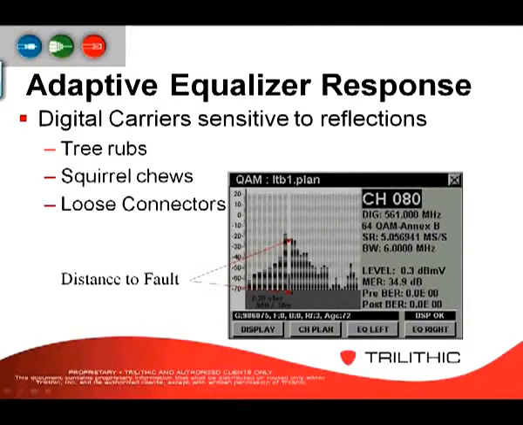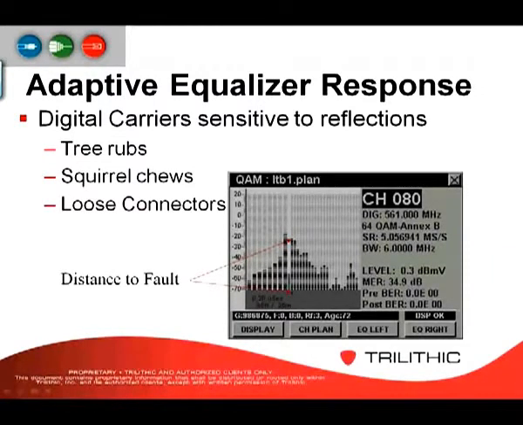Now, digital carriers can be very susceptible to reflections in the cable caused by really a variety of problems such as bad splitters, bad connectors, kinks in the cable, squirrel chews, backhoes, tree rubs, and so on. Reflections can cause errors in the signal because a reflection of a particular bit of data can overlap data bits that come later.